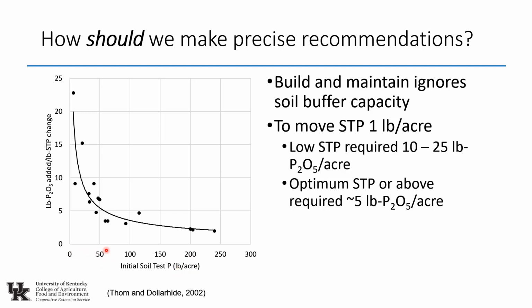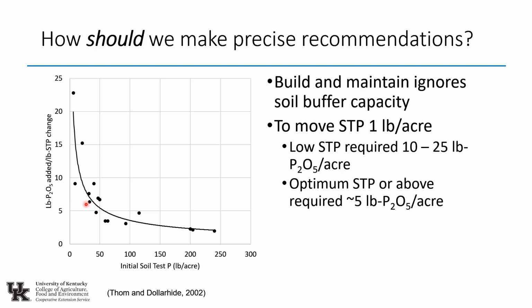And depending on where you start at, that initial soil test P, it's a nonlinear function. And at very low soil tests, you need a lot more fertilizer to move soil test 1 unit than at a higher soil test. And what they found is that low soil test, down in this range, it required about 10 to 25 pounds of P2O5 per acre to change soil test 1 unit.